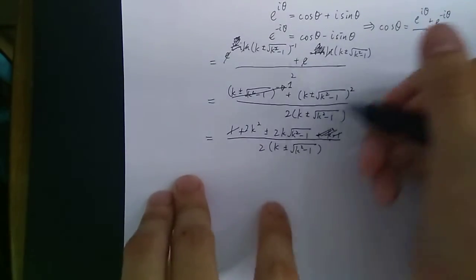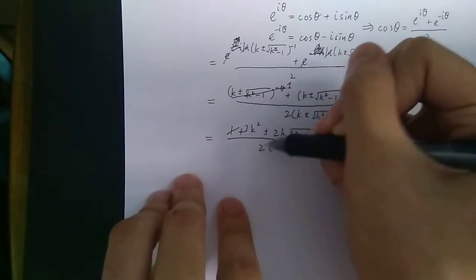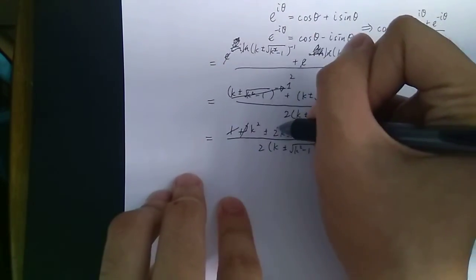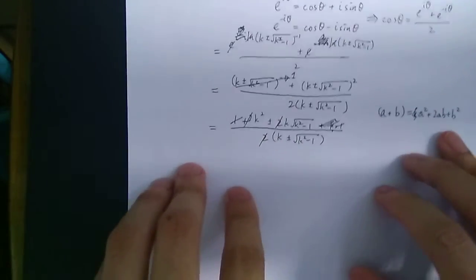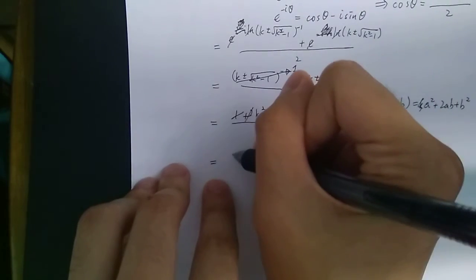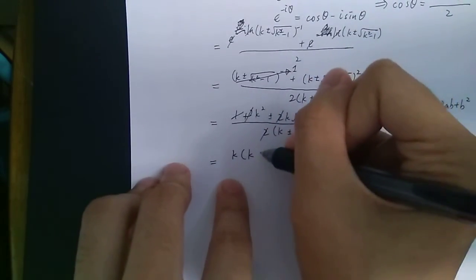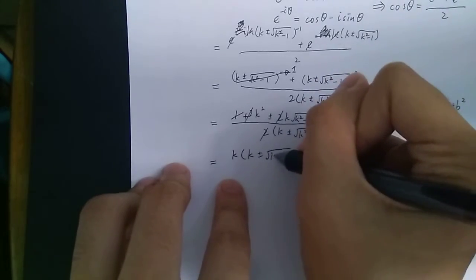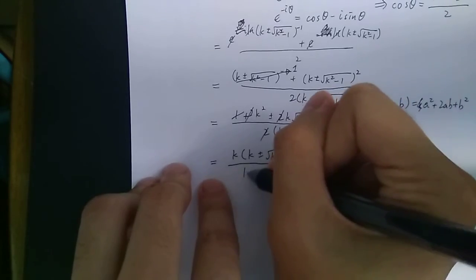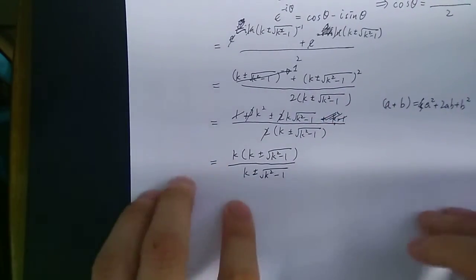Here we see there's a 2, here's a 2, and here's a 2, so the 2's can be cancelled out, and we can also factor out the k, so that it will be k times (k plus or minus square root of k squared minus 1) over (k plus or minus square root of k squared minus 1).